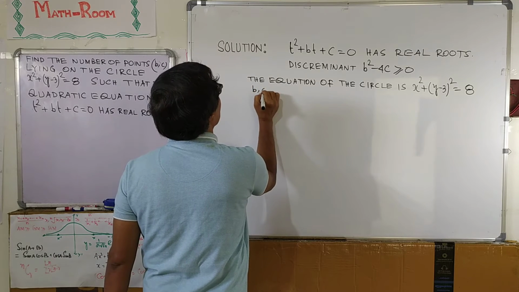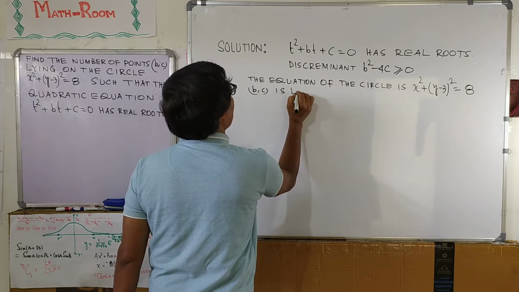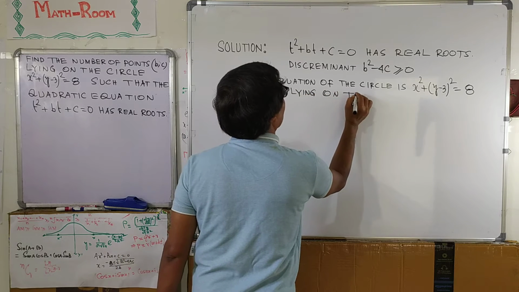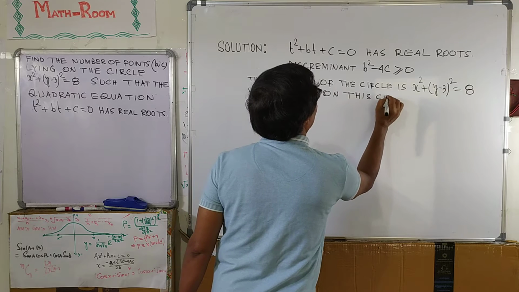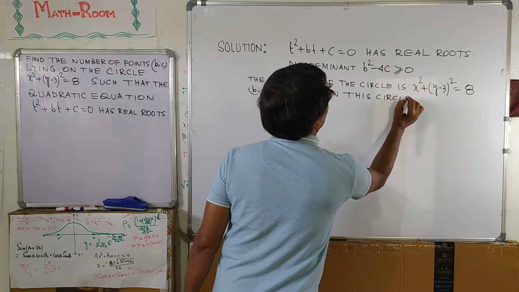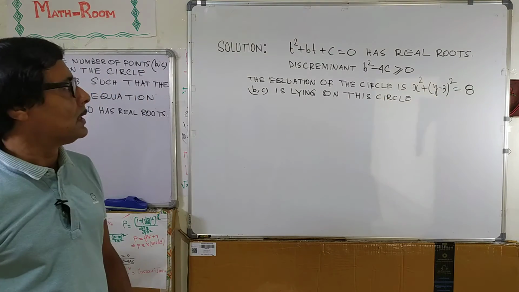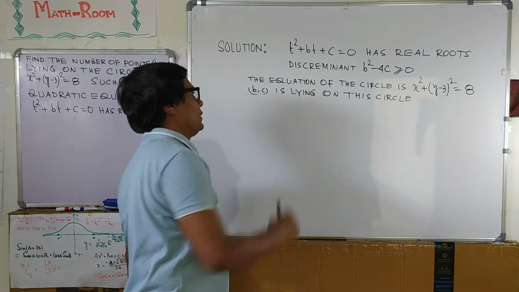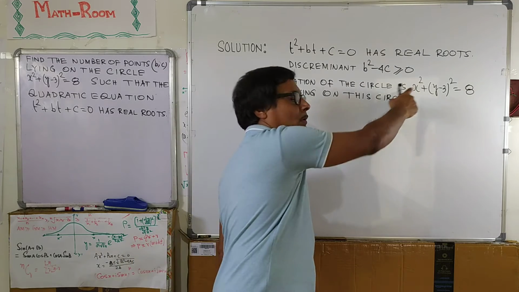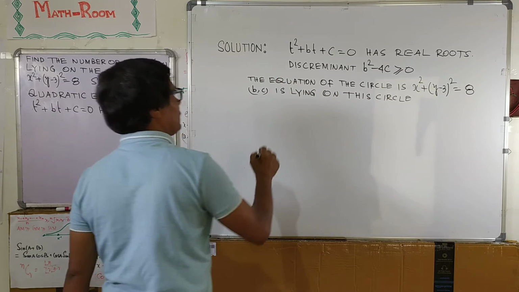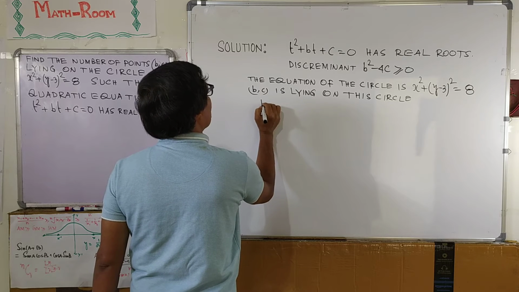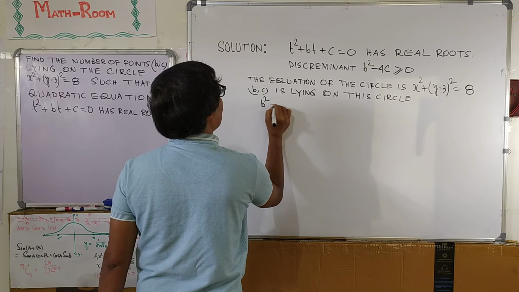So it will satisfy the equation of the circle. We can write b squared plus (c minus 3) whole squared equals 8, where x is b and y is c.